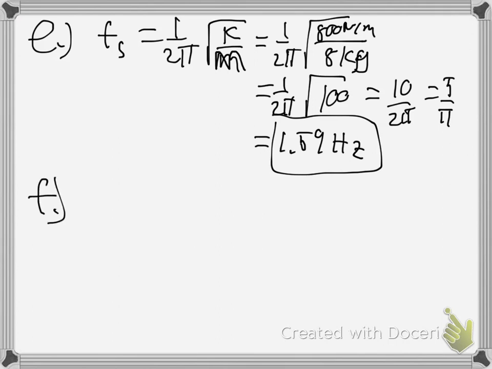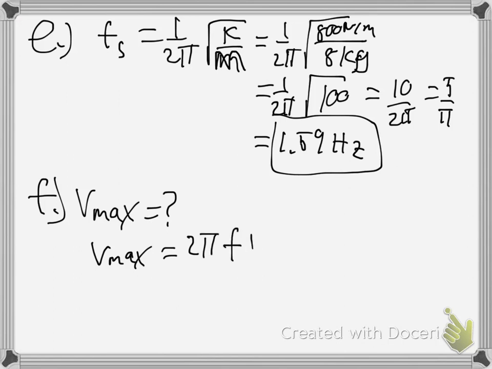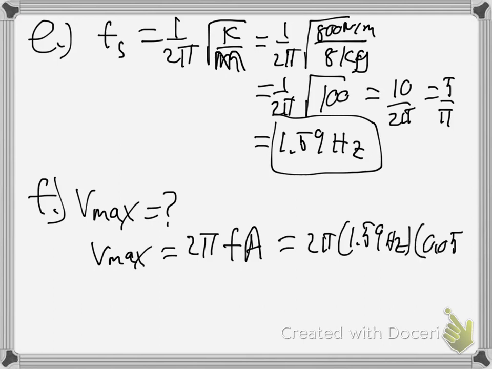And then the last one says, what is the Vmax of the 8 kilogram block? That's what it's asking for. So the one in oscillation. So this is the equation that we just talked about. The Vmax is equal to 2 pi f a, and the amplitude, so we know f to be 1.59, the amplitude is 0.05.